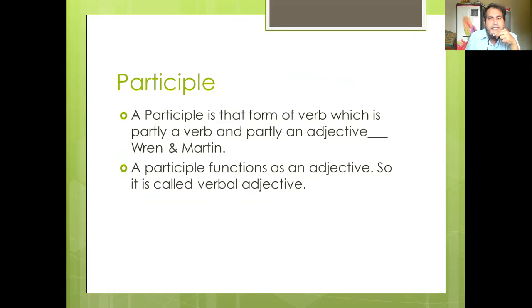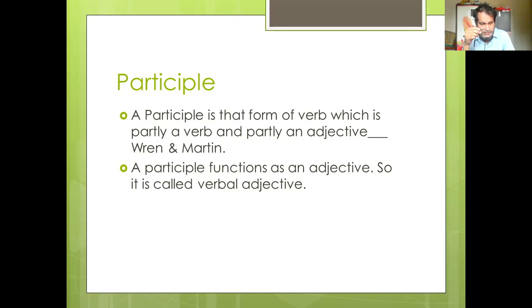And the concept of gerund and participle, both you will need in your grammar activity and in your first part and second part. So I think you need to practice this more and more to have a good command over these things. Now we will discuss participle.